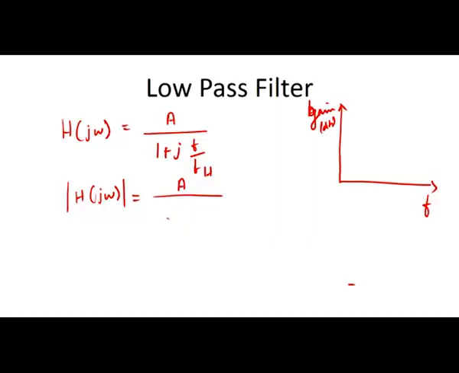If you take the mod value of the transfer function of the filter, then it will be A by root of the real term square plus the imaginary term square. So, the real term square is 1 plus the imaginary term square is f by fh the whole square.